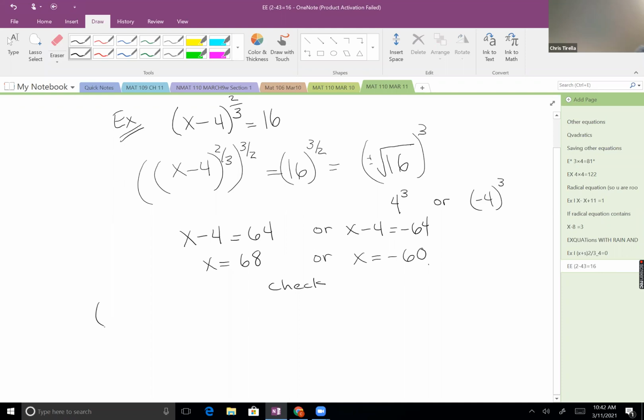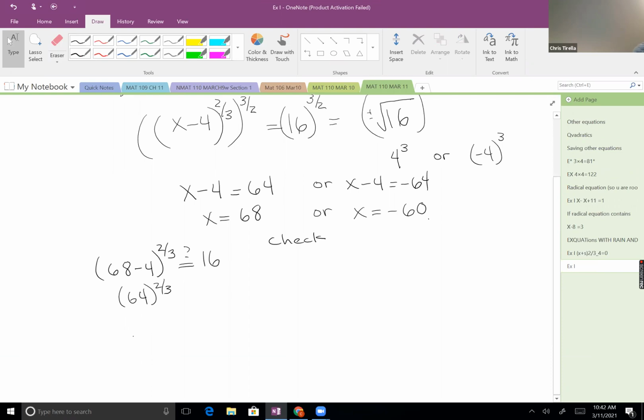So if I check when x = 68, 68 minus 4 to the 2/3, does that equal 16? Well, that's 64 to the 2/3, or the cube root of 64 squared, or 4 squared, which equals 16, and it checks.